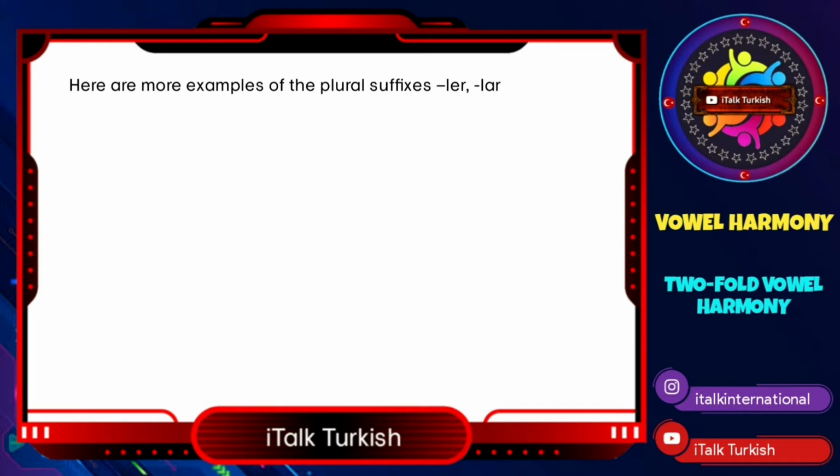The plural in Turkish, depending on vowel harmony, takes one of two forms, either ler or lar, attached to the end of a word. Let's start with an example. The Turkish word for house is ev.